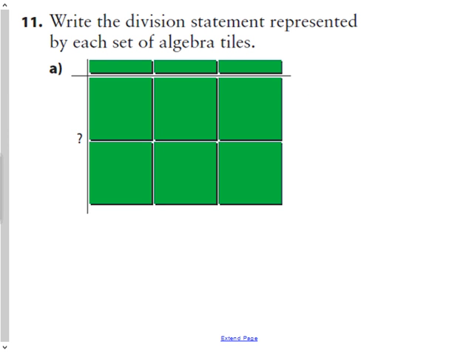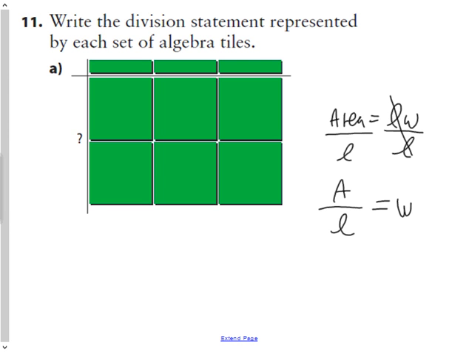Question 11, write a division statement represented by the area of algebra tiles. So remember, area equals length times width. And if I divide both sides by, let's say, length, that creates like a coefficient divided, like back in algebra, I'm left with width equals area divided by length.